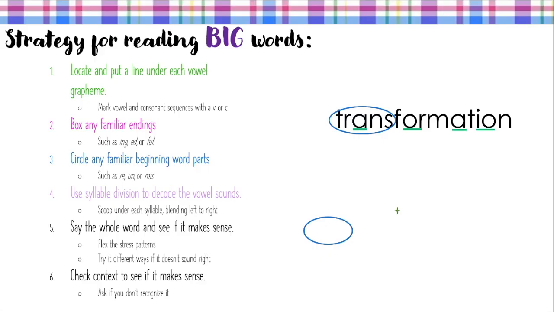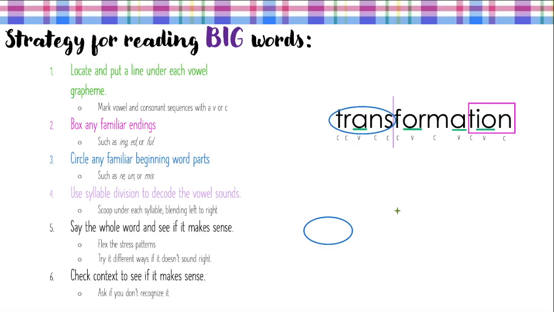We're going to box any familiar endings, any familiar suffixes that we know. For example, tion might be something that they know. Then circle any familiar word parts or groups that they know, like trans. I know this was a little out of order, but they can see, okay, I got that trans. I've seen that before.